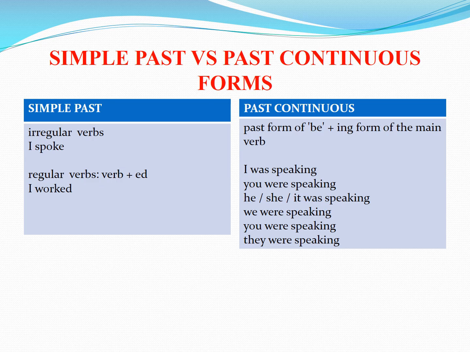For the past continuous form, we use the past form of the verb to be as an auxiliary verb, was or were, plus the -ing form at the end of the main verb. For example, I was speaking, you were speaking, he, she, it was speaking, we were speaking, you were speaking, they were speaking.